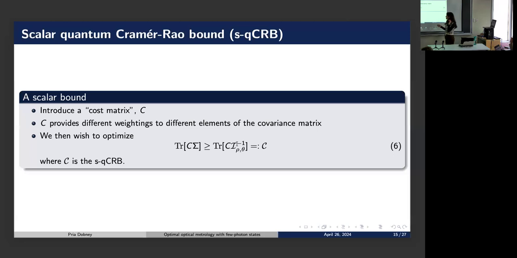Typically, we use just the identity for the cost matrix, but it depends on your system, and in this case, it's very simple and straightforward. Again, I can't go into that too much right now, but basically you have this scalar bound that we then want to optimize by taking these two matrices.